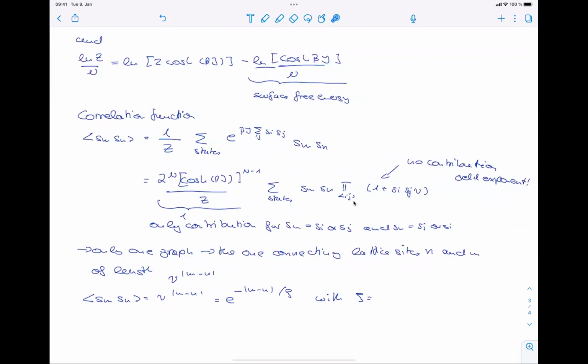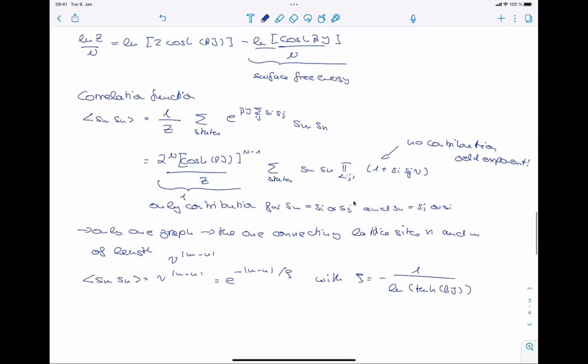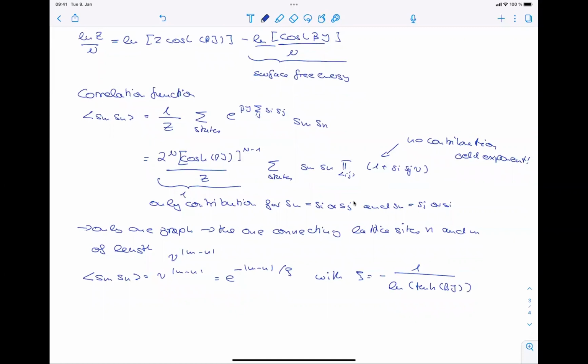If I plug it in to rewrite it as an exponential, the correlation length becomes minus 1 over ln of tanh of βJ. And that agrees with the transfer matrix.